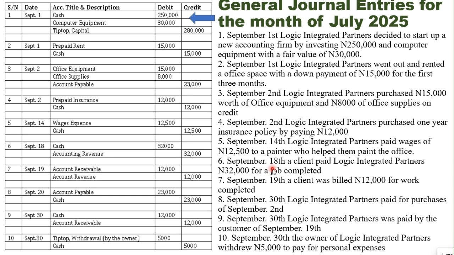So in that case, we have the two accounts that have been affected in number six: the cash account and the revenue account, because the company has completed a job and a client paid them money.